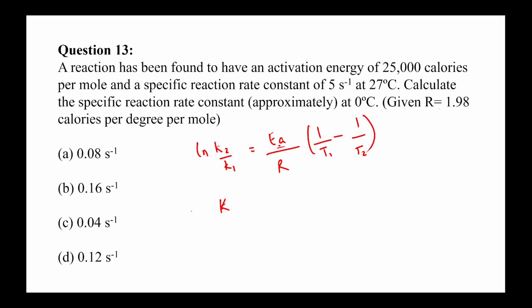Okay, so 0 degree Celsius is equal to 273 Kelvin, right? So 27 degree Celsius will be equal to 273 plus 27 Kelvin. Just calculate the temperature in Kelvin and then solve this.